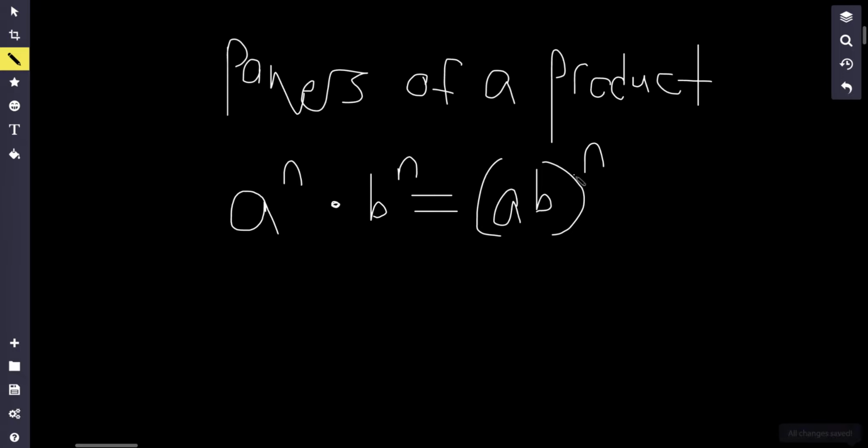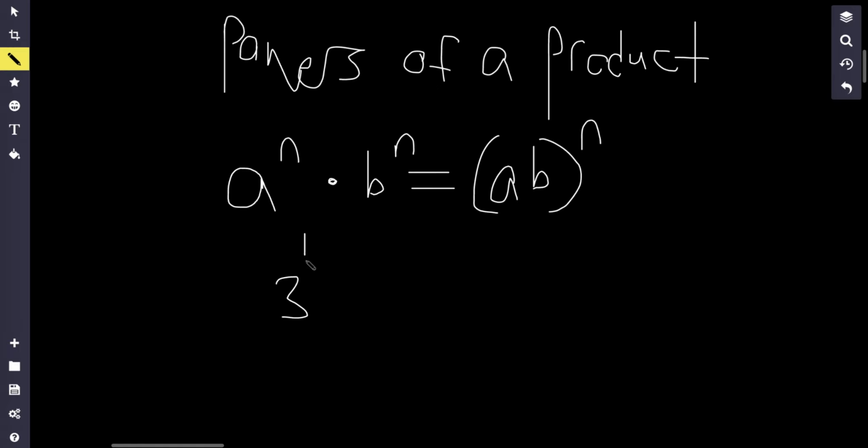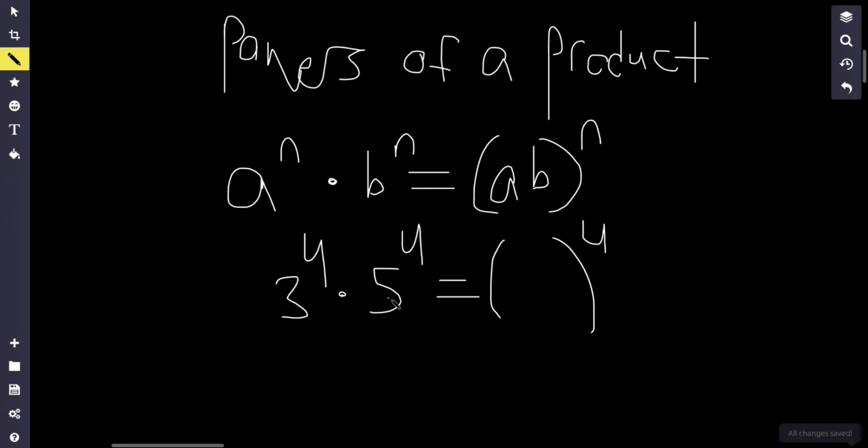well, you keep the exponent and you multiply the bases together. So if you have 3 to the 4th power times 5 to the 4th power, what you do is you keep the exponent and you multiply the bases together. So 3 times 5 to the 4th power, which is just 15 to the 4th power.